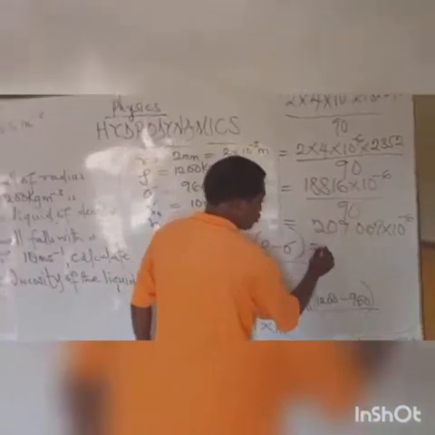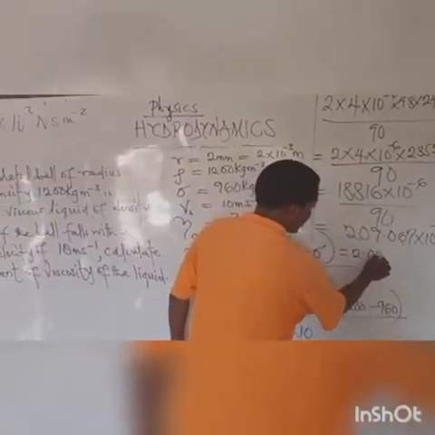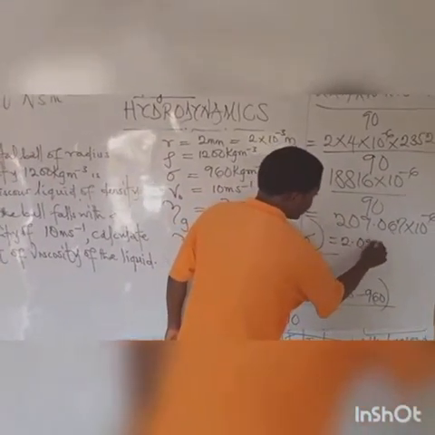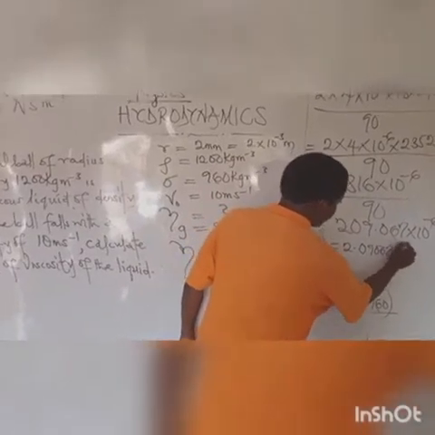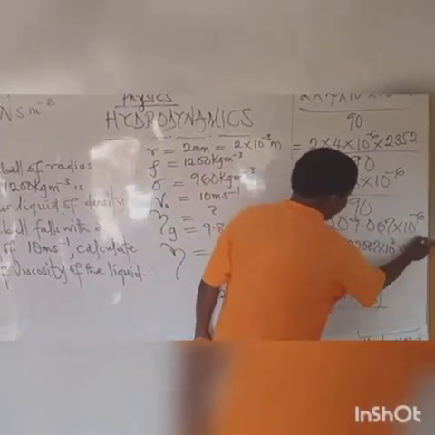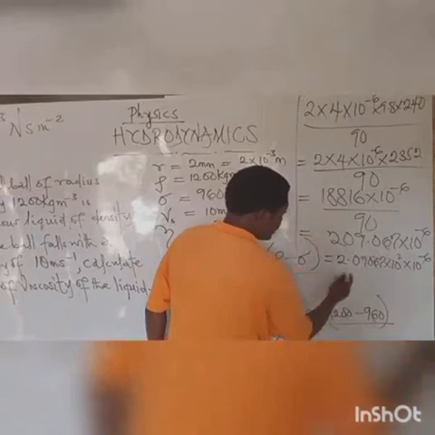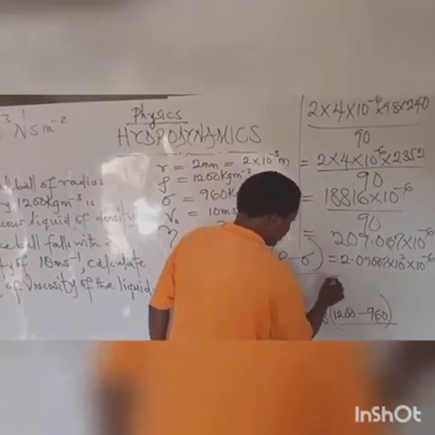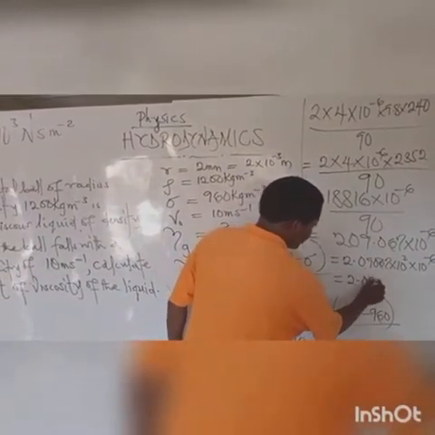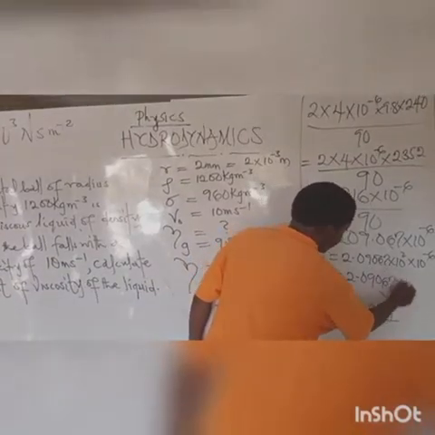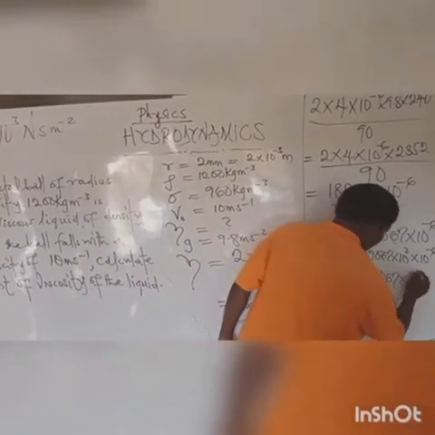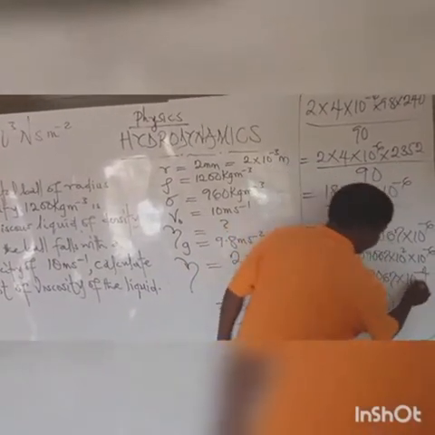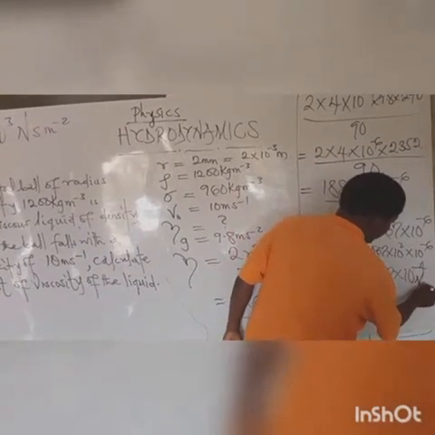So that is equals to 2.09067 times 10 raised to the power 2 times 10 raised to the power minus 6. So by the time you solve it, the indices, you're going to get 2.09067 times 10 raised to the power minus 4 Newton second per meter square.